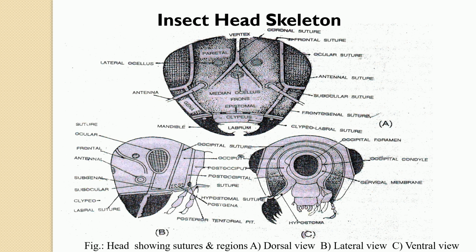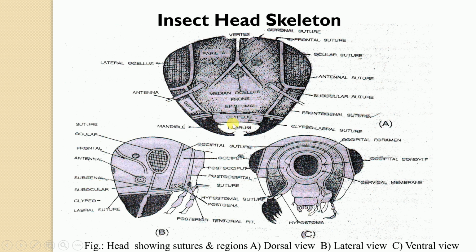Now all these areas of the insect head capsule are also known as the head sclerites. The sclerites represent simply the intersutural areas, in the sense of the area present between two different sutures. For example, this area known as the Clypeus is present between two sutures.